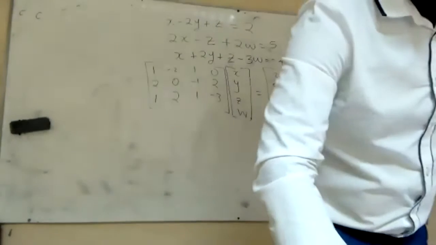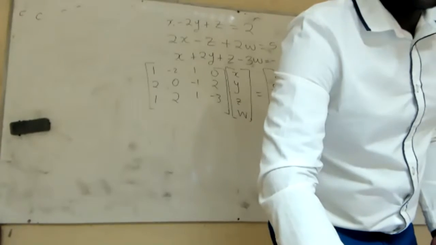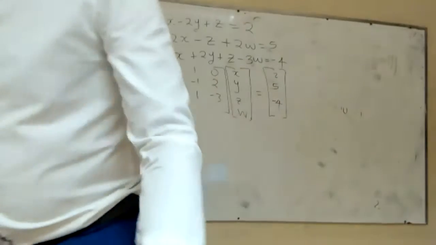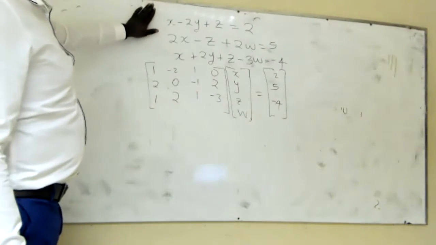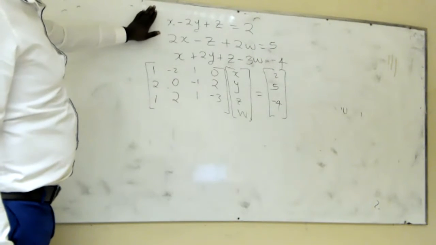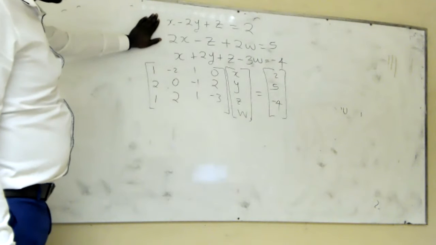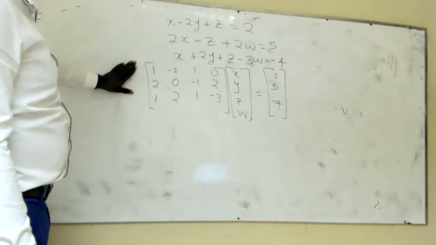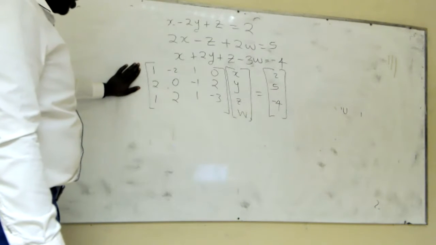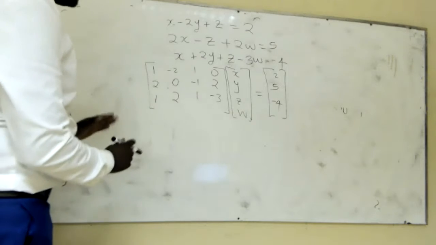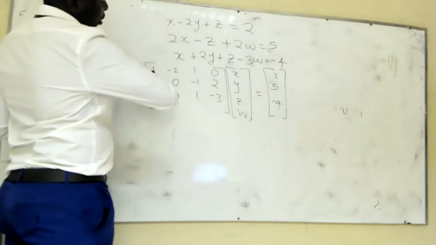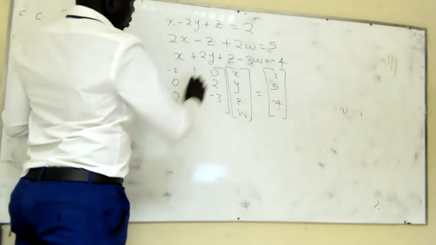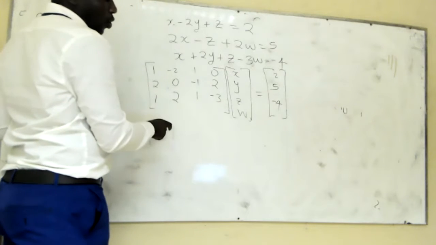Okay. Yeah, no. Okay, I continue. So we transformed our system of linear equations to a matrix equation. So now our matrix equation is given by 4 rows and 3 columns.